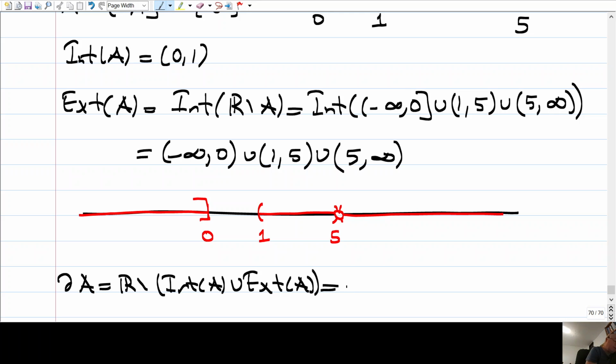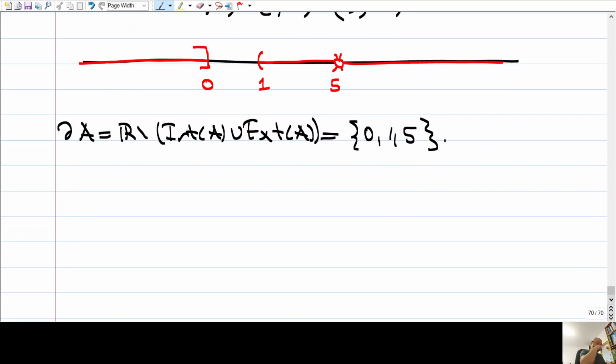So boundary consists of 3 points. 0, 1, and 5. Okay. This is open, this is open, and this is closed. It's a finite set, it is closed, we know that. Interior is an open interval. Exterior is a union of open intervals, right? These are all open.